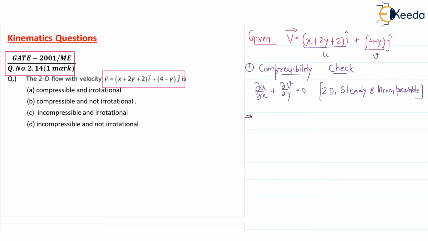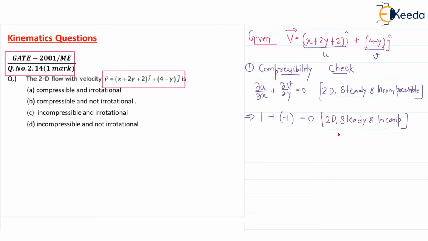Now we'll differentiate u. u is x plus 2y plus 2. Dou u by dou x gives 1, plus dou v by dou y, v being the component 4 minus y, is minus 1. So 1 plus minus 1 is 0. So definitely the given velocity field is two-dimensional, steady, and incompressible.